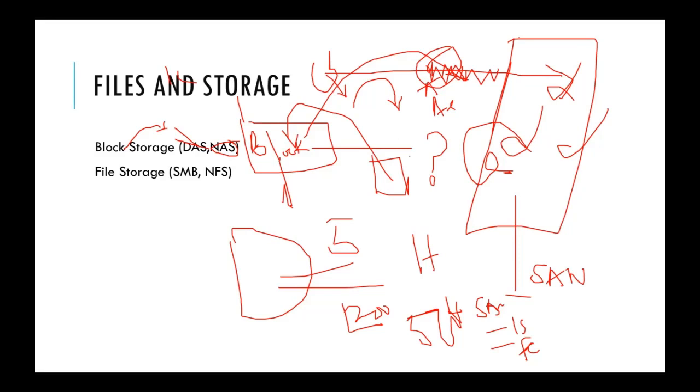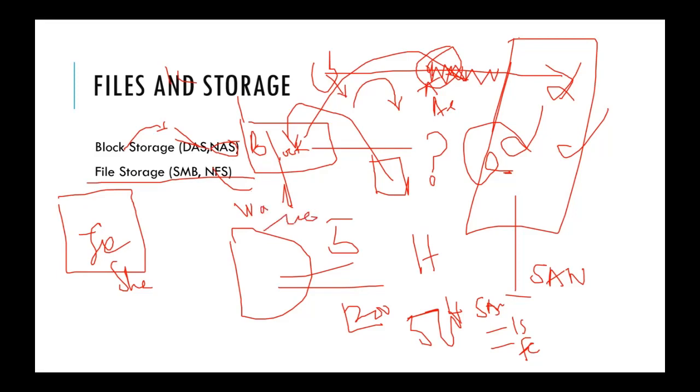Then the next is file storage. File storage allows you to see your storage system as a folder or a drive that is shared. There are primarily 2 protocols that manage file storage. You have Network File System, which can be used on Windows, but predominantly on Linux.